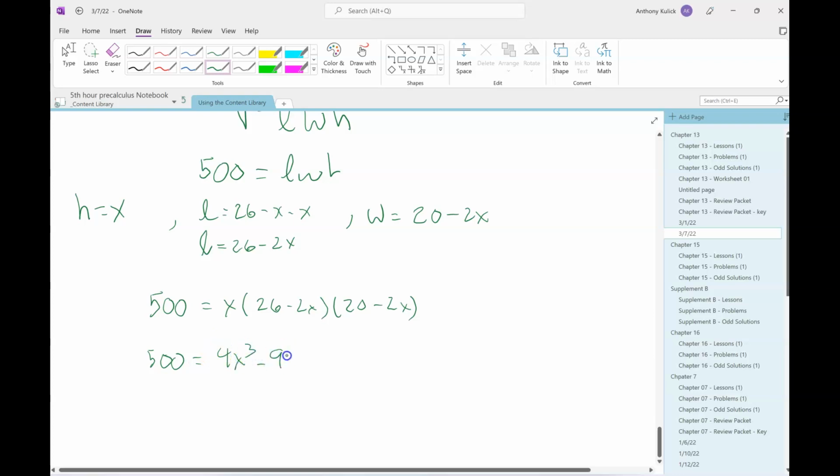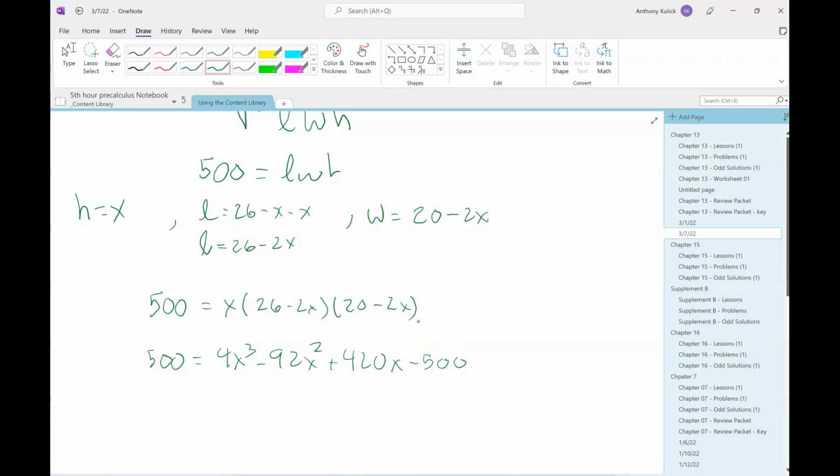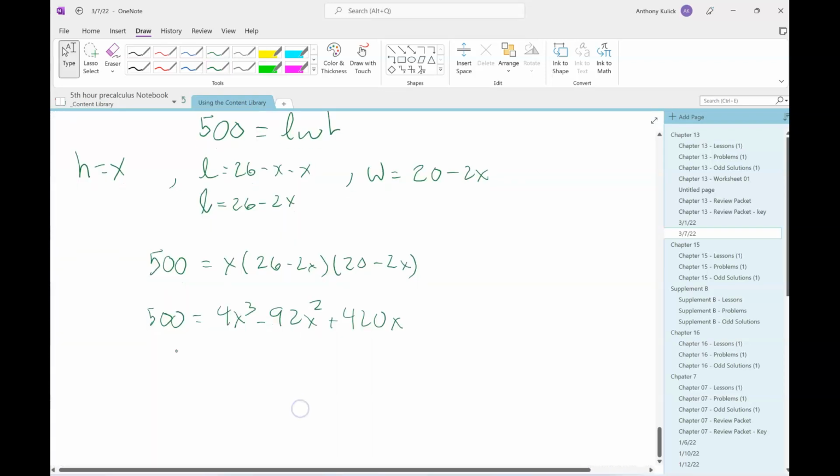I'm going to save you guys the aggravation and do the foiling here. So there's my foiled out answer. And then we'll just subtract that 500 over.